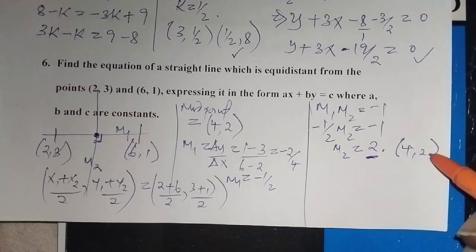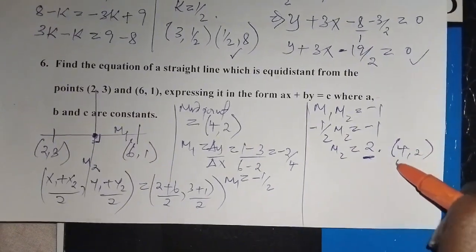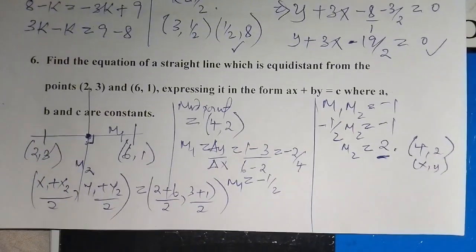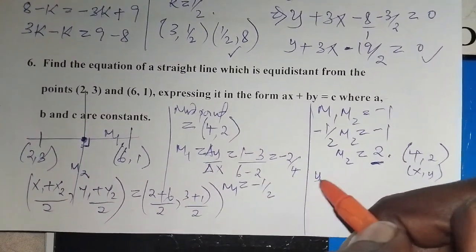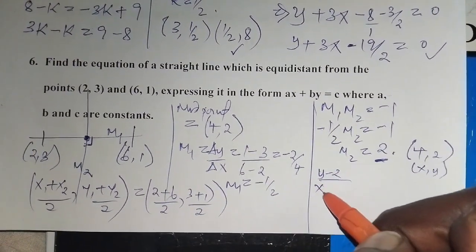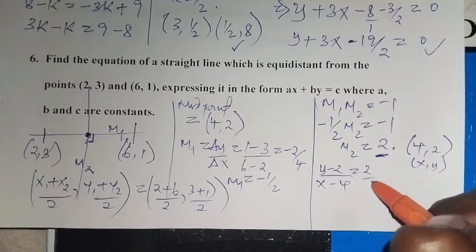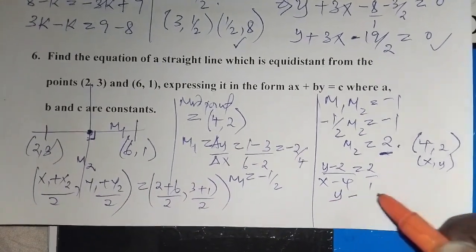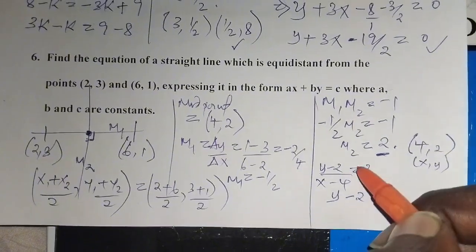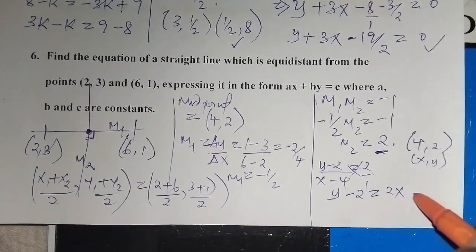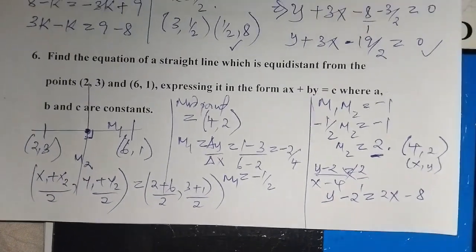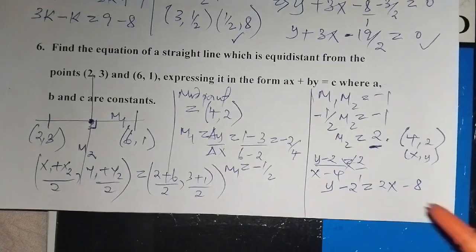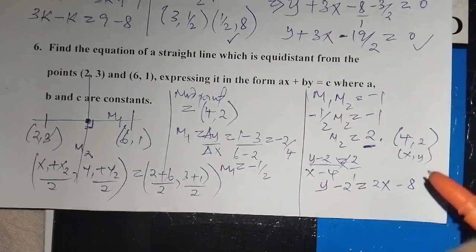So again, using this point, you can have another unknown point (x, y) and find the gradient. You'll have y minus 2 over x minus 4, which will give you positive 2. So you shall have y minus 2 is equals to, cross multiply, 2x minus 8. So they want the equation in form of ax plus by is equals to c. So we can start with this.